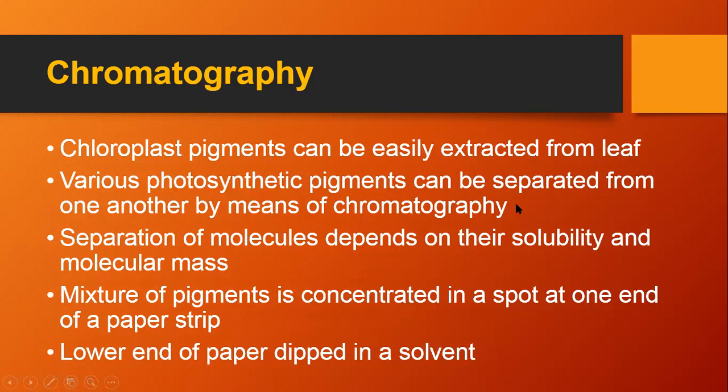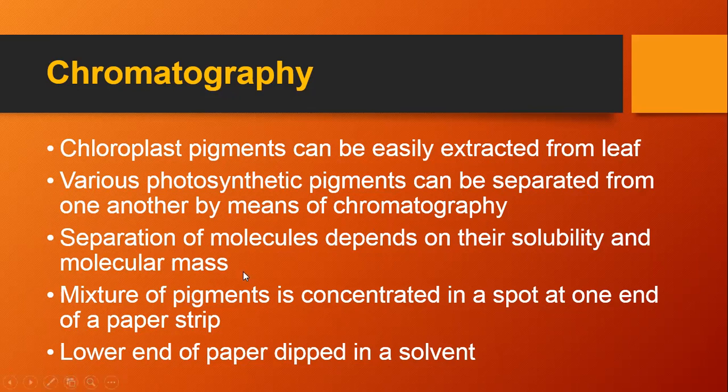I know that you must be well aware of chromatography. You must have read it in chemistry as well. So we will just have a brief look at what chromatography is. Though in the book they haven't given any detail of this, I have just mentioned it in the slide as well. So photosynthetic pigments can be separated from each other by using this technique of chromatography.